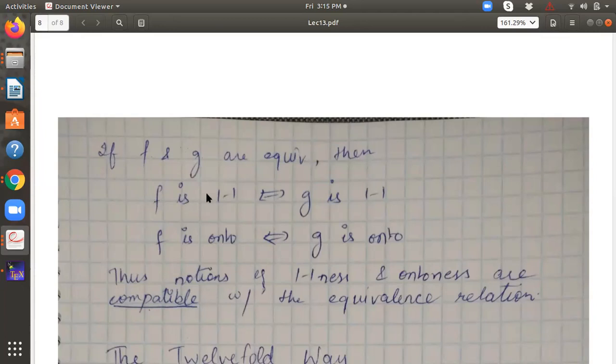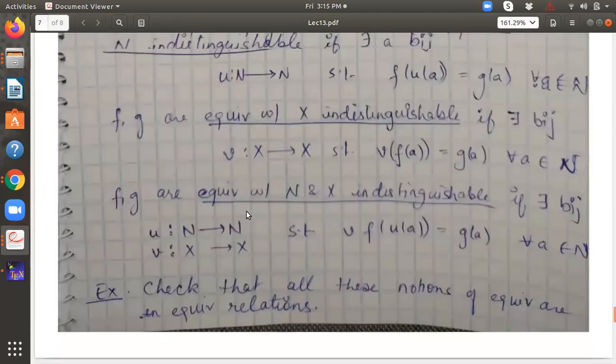Which means if f is 1-1 implies g is 1-1, and g is 1-1 implies f is 1-1. So f is 1-1 if and only if g is 1-1. Similarly, f is surjective if and only if g is surjective, when f and g are equivalent, no matter which particular equivalence they come from.